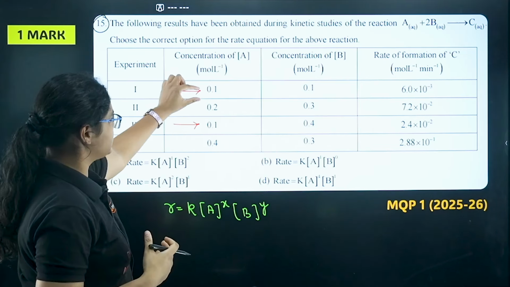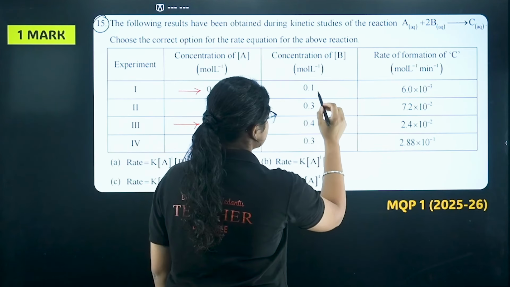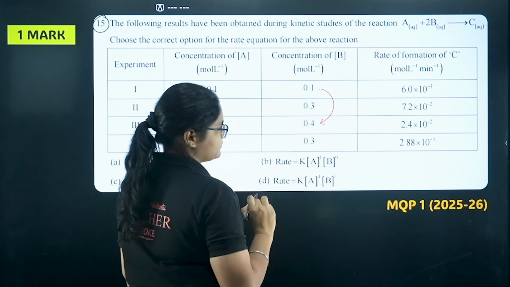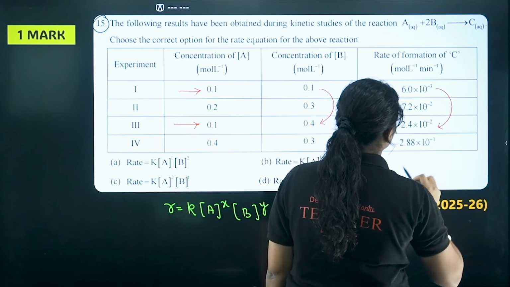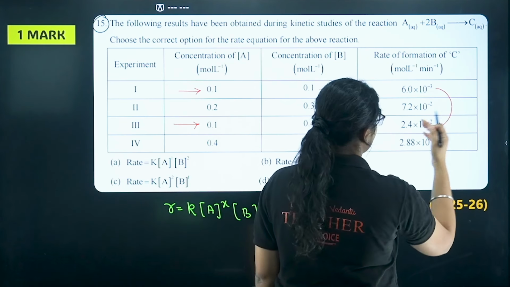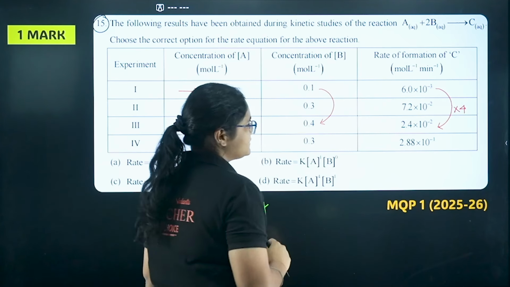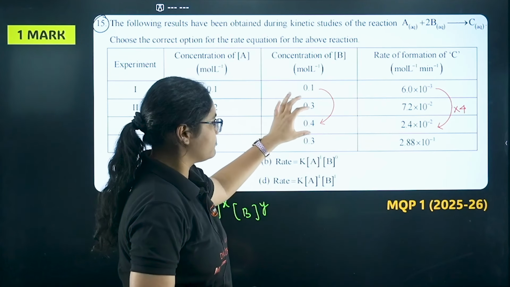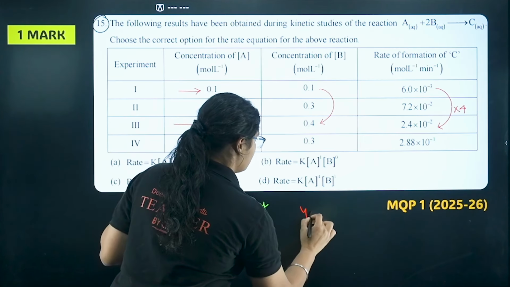If the concentration of B has become 4 times, and the rate of production of C has also become 4 times, then with respect to B it is a first order reaction, so y will be equal to 1.